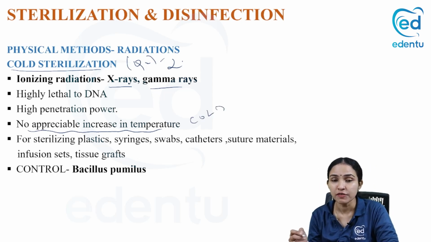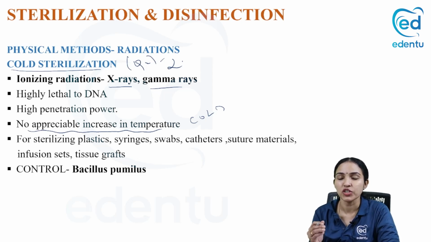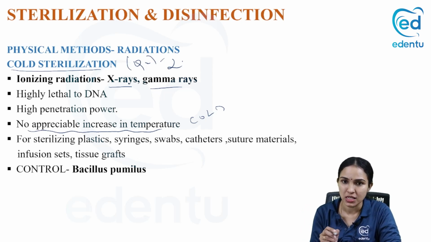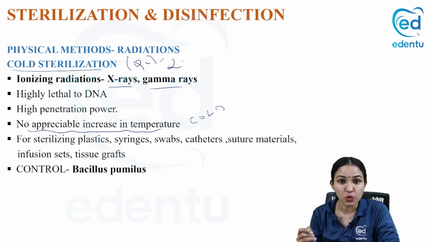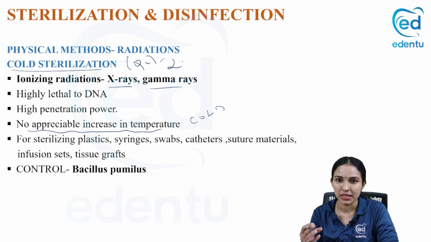So what kind of articles can you sterilize using this method? Those articles which cannot withstand high temperatures and may be destroyed by them, like plastics and all kinds of disposable materials such as swabs, catheters, suture materials, infusion sets and IV cannulas, all of which come pre-packaged.